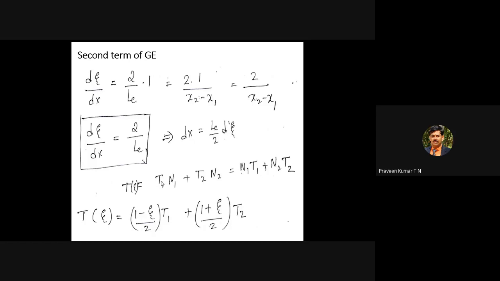Once you know the temperature at node 1, that will be T1, and once you know the temperature at node 2, it will be T2. So we can get the temperature at any point within the element by substituting any value for xi, where xi ranges from -1 to +1.